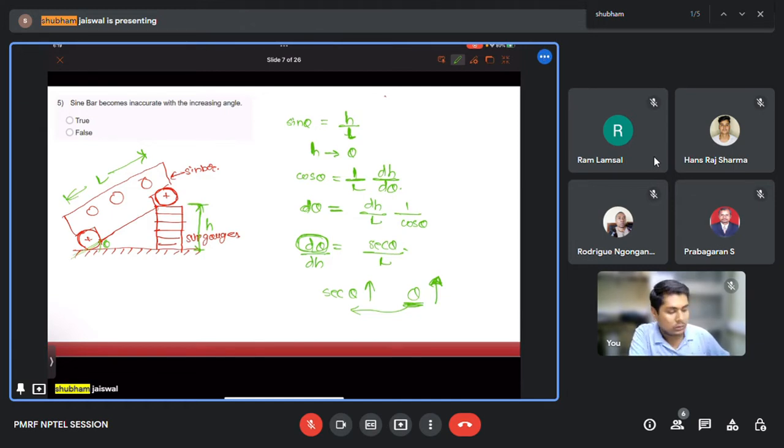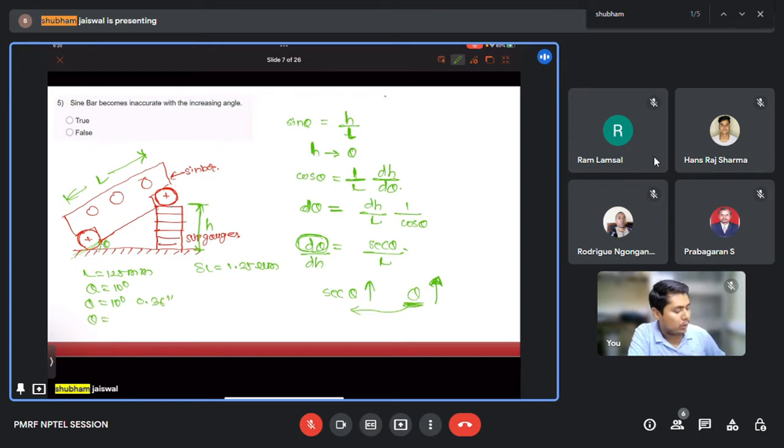So suppose let's consider that our L is 125 mm and theta is 10 degree, and the change in length, delta L, is equal to 1.25 micrometer. If you calculate for theta equal to 10 degree, it comes out to be 0.36 seconds.